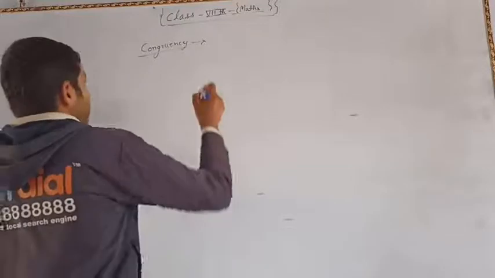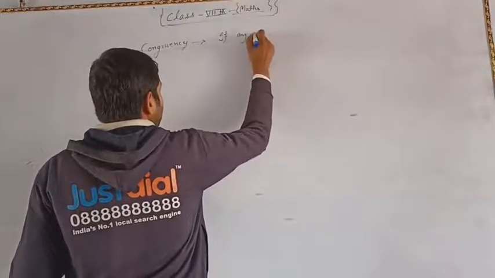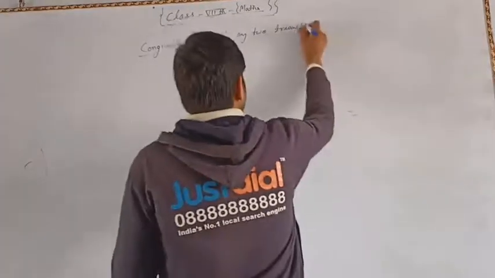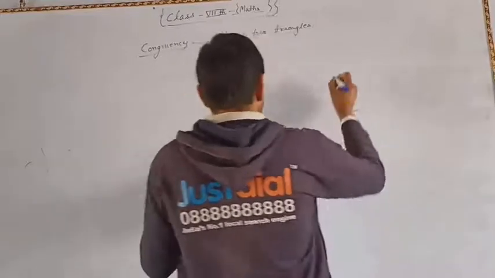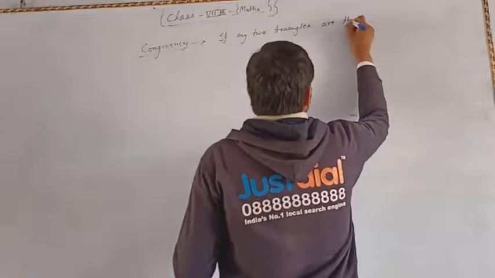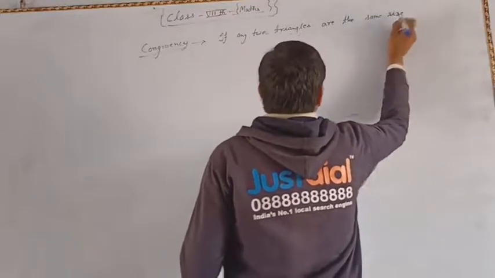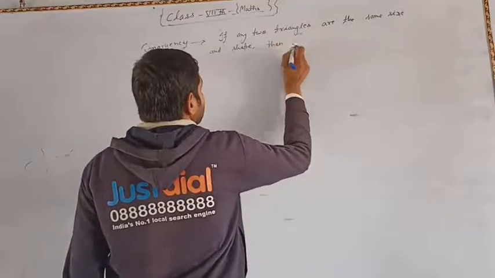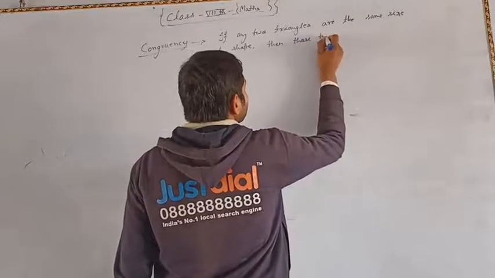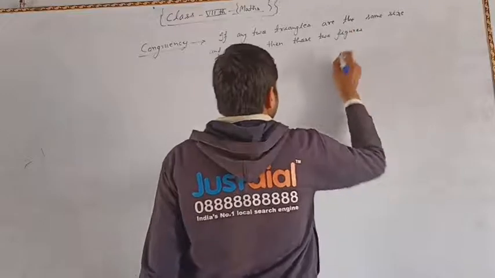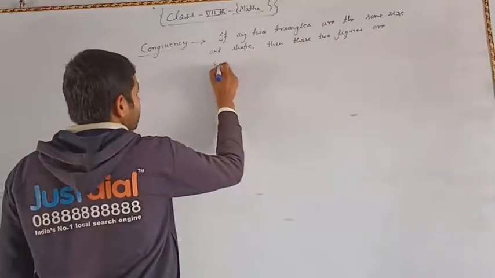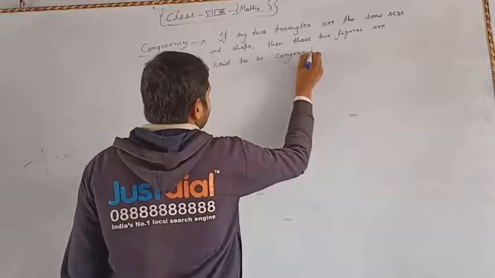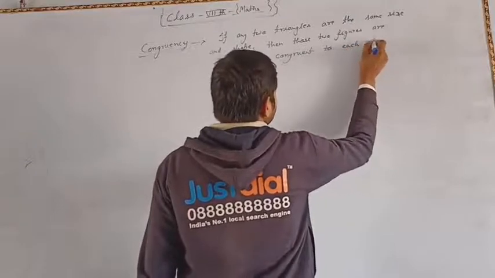So congruency: if any two triangles are of the same size and shape, then those two figures are said to be congruent to each other.